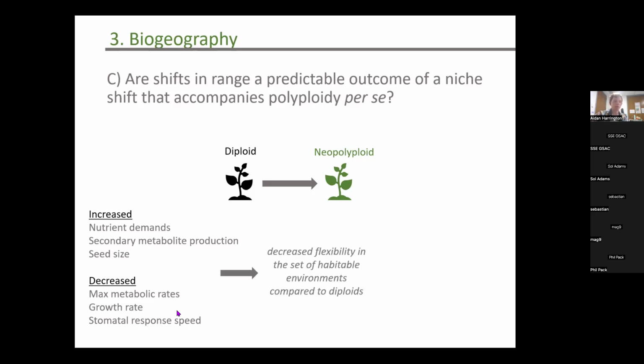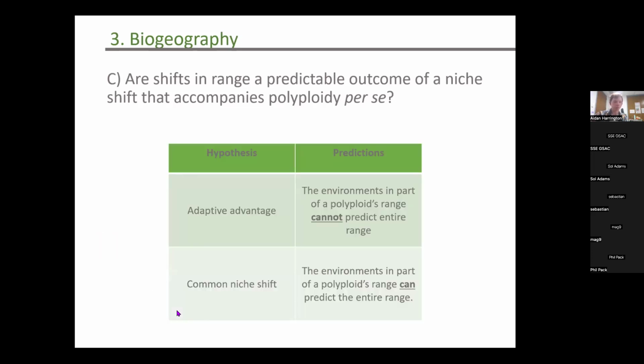And these are presumed to do things like decrease the flexibility in the set of habitable environments compared to diploids, and downstream lead to potentially greater homogeneity of environments in which a polyploid can exist compared to a diploid.